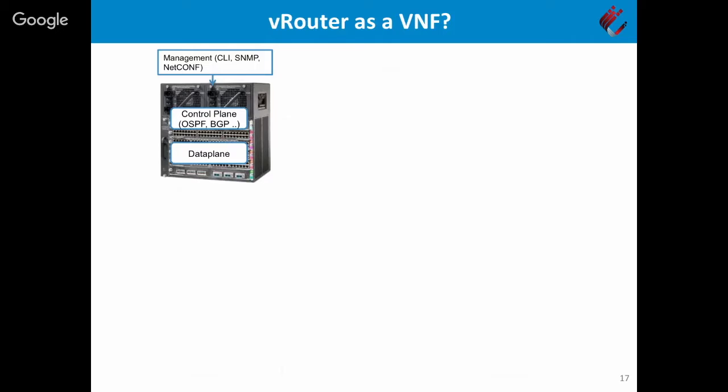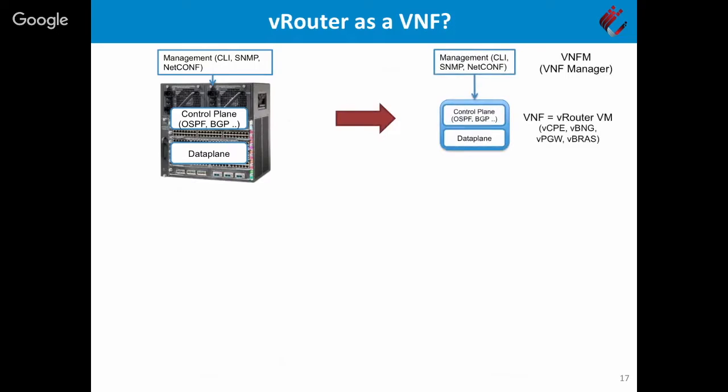But when we are moving to NFV, there are many, many vendors who will come and tell you that we are going to move this to this, right? Everything that you see on the left-hand side just gets reproduced in software on the right-hand side. So your software VM, or VNF, is still running all the control plane protocols, and it's still running the same data plane, except everything is now in software.